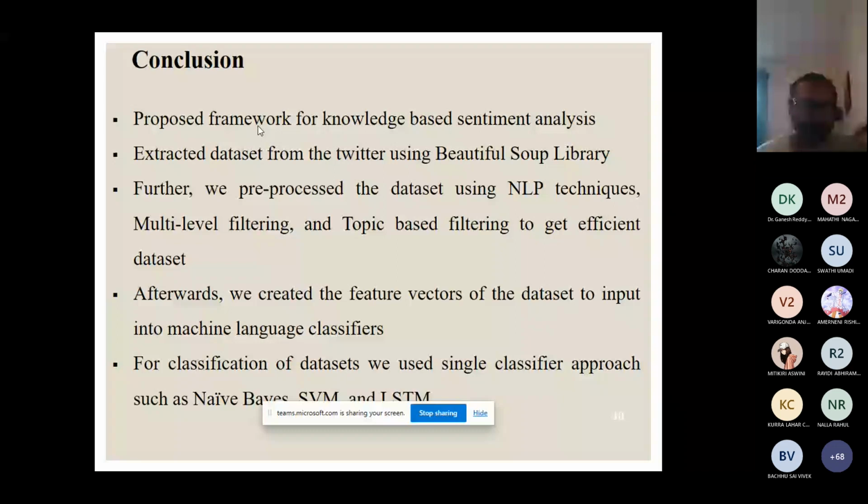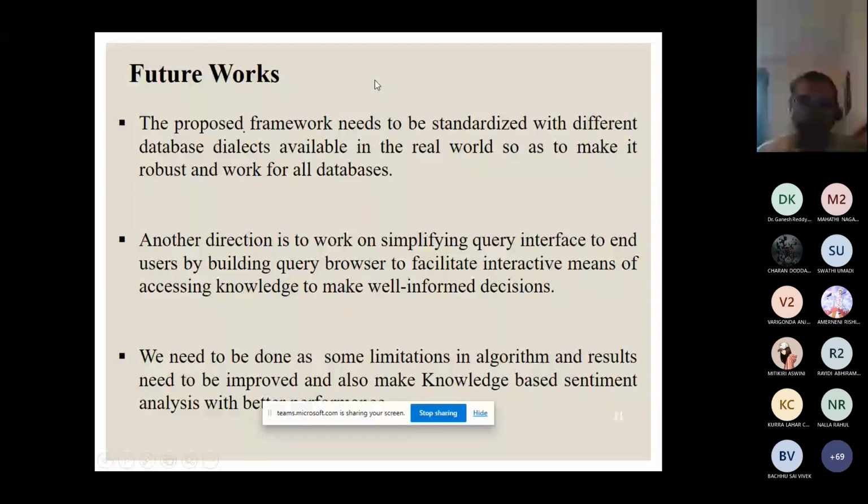For classification of different data sets, we are using a single classifier approach, such as Naive Bayes, SVM, and LSTM. For future work, we can make well-informed decisions, and knowledge-based sentiment analysis needs to be improved with better algorithms, and the approach framework will be in a different way.